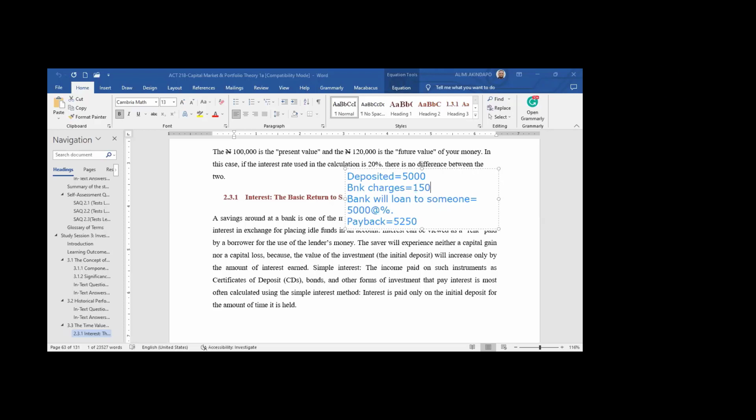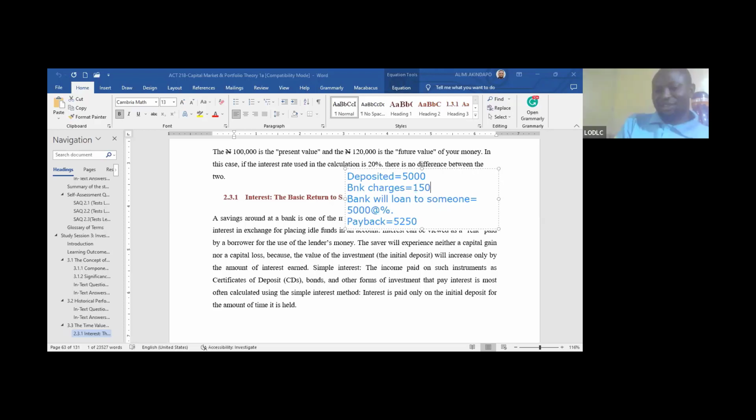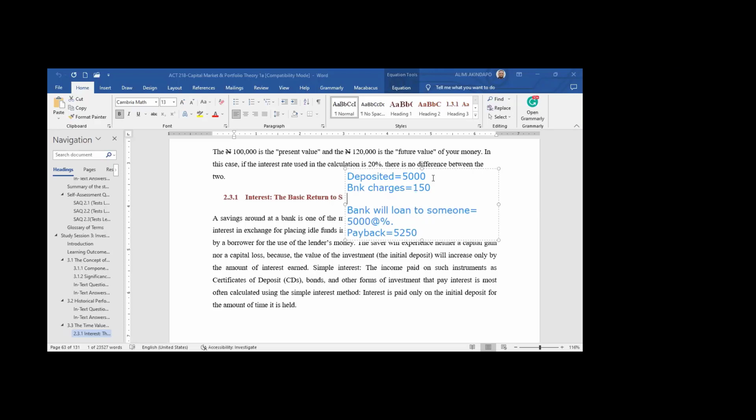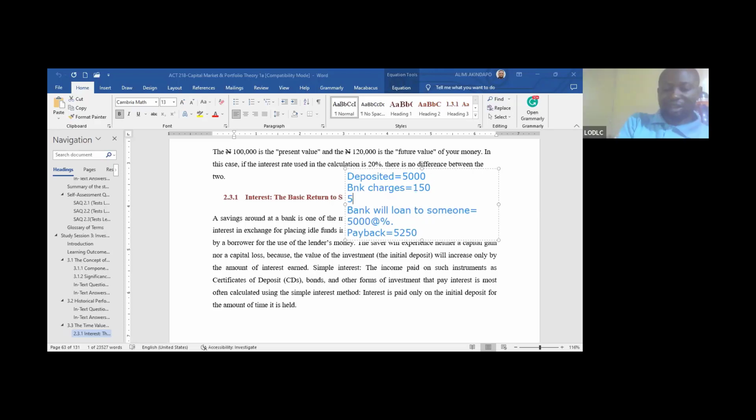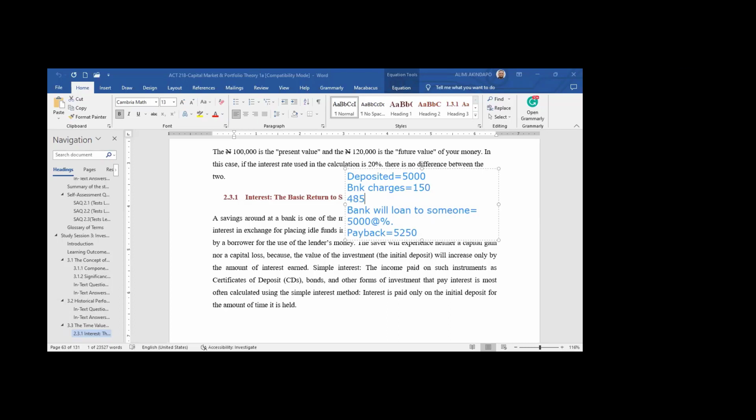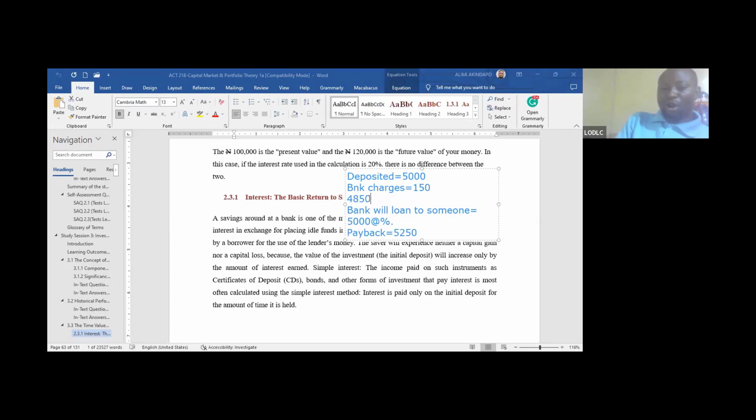So 5,000 minus 150 is 4,850. That's the amount that you are supposed to collect.